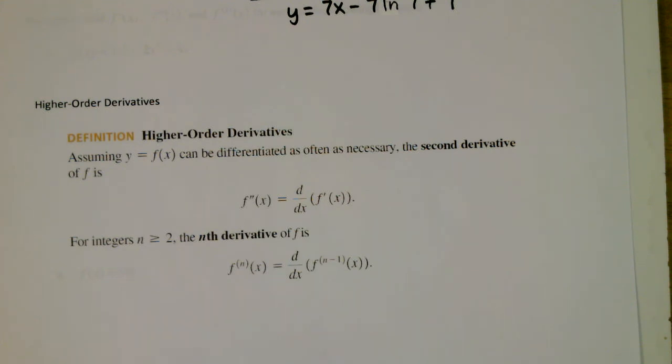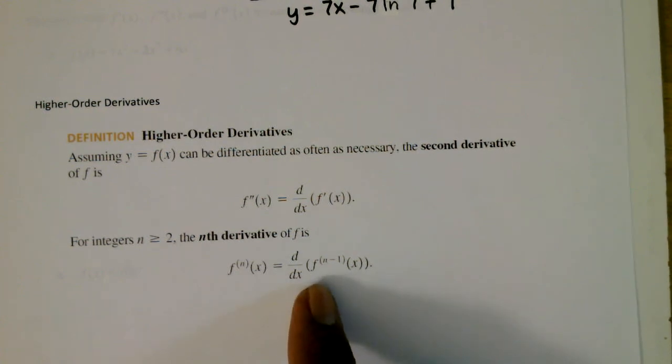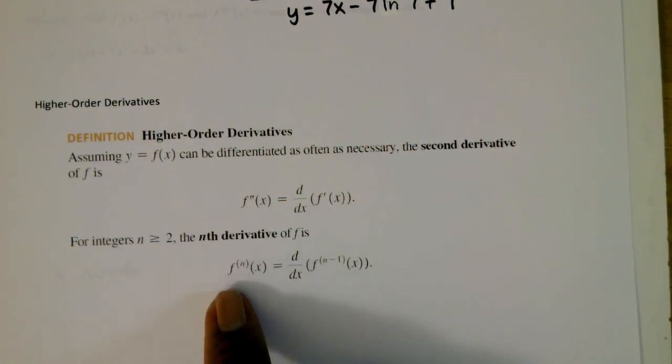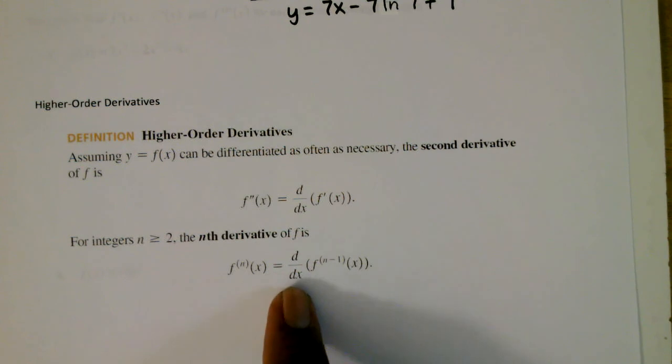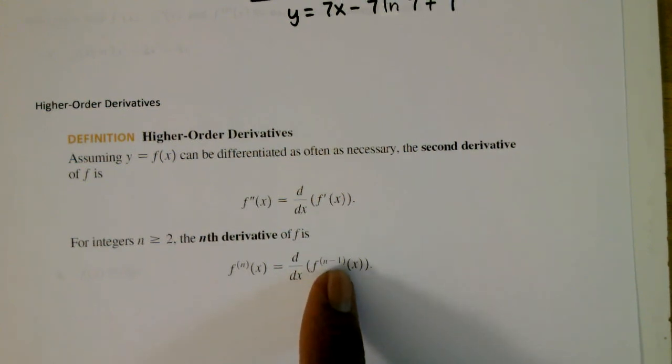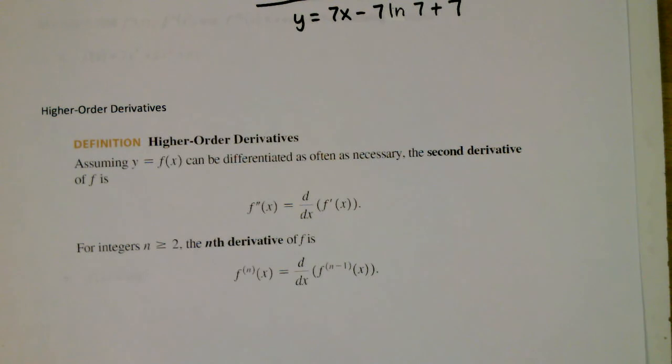If we have integers where n is greater than or equal to 2, the nth derivative of the function would be this notation, f to the nth prime of x, which is the derivative of f to the n minus 1 prime of x. I don't think I'm reading this part correctly, but pretty much it's f n minus 1 prime of x.